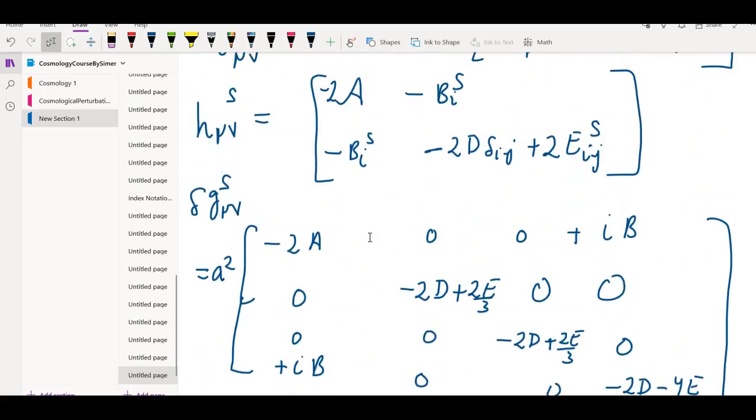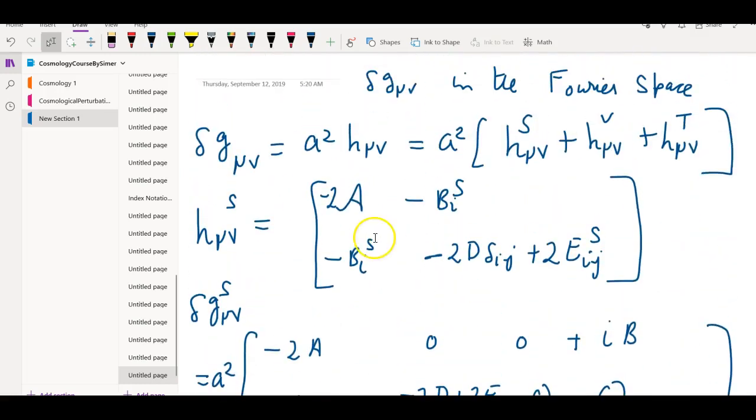Therefore, when studying perturbations of one type, for example scalar perturbations, we can completely ignore the vector and tensor perturbations as if they are not present. And when we are studying the tensor perturbations, we can completely ignore scalar and vector perturbations. So all these three modes are decoupled from each other.